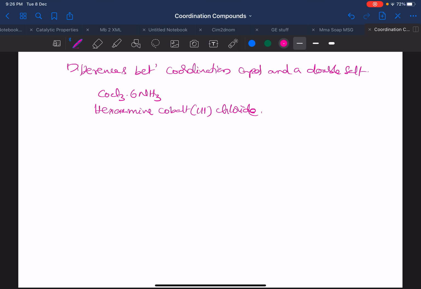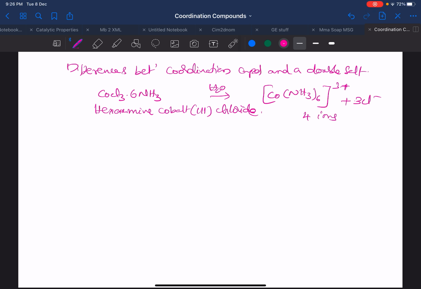On hydrolysis it dissociates into two types of constituent ions: one is the metal complex ion [Co(NH3)6]3+, and the other is 3 Cl- ions. One is the complex ion. Whereas in double salts, we do not come across any complex ion; they give only individual ions.